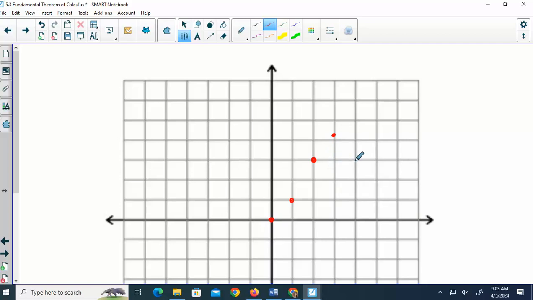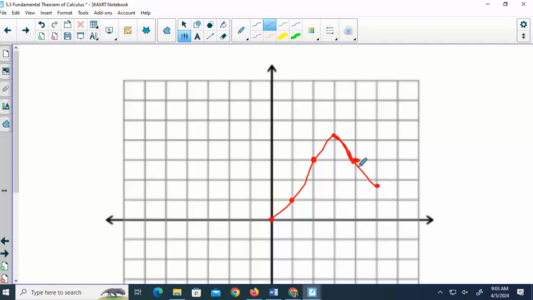G of 4 is back to 3, and at 5 we had 1.7. All right, so some kind of graphing question.